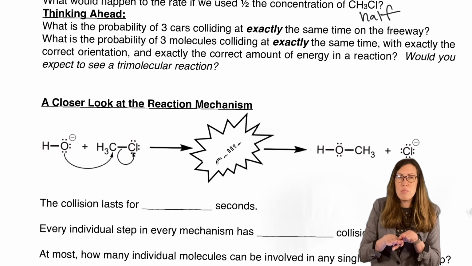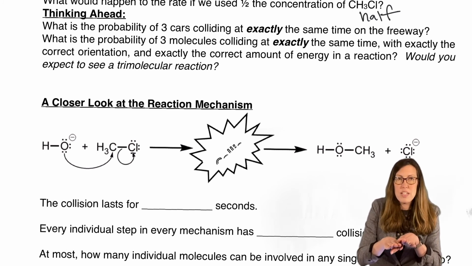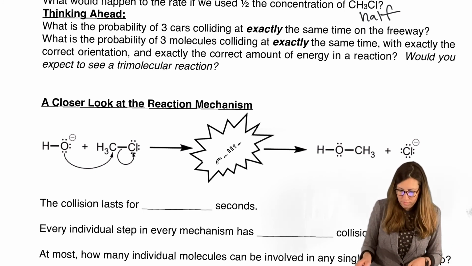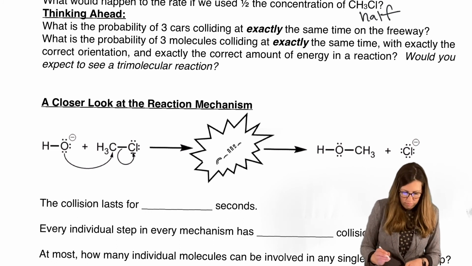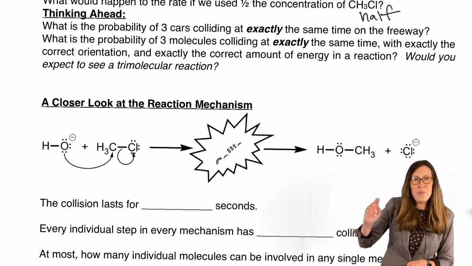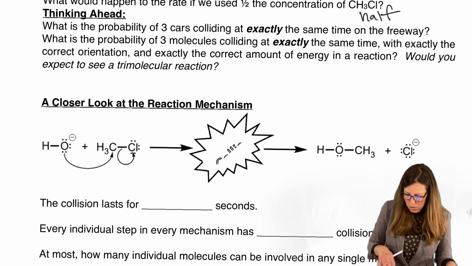That third car, even if it lands into them a nanosecond later, it's not the same time. Two hit before the other one did. So we will not have a tri-molecular rate law. Not going to happen. Lucky for us, we're sticking to second order or first order. Those are our options. We'll get to first order later, but right now we're going to look at second order.